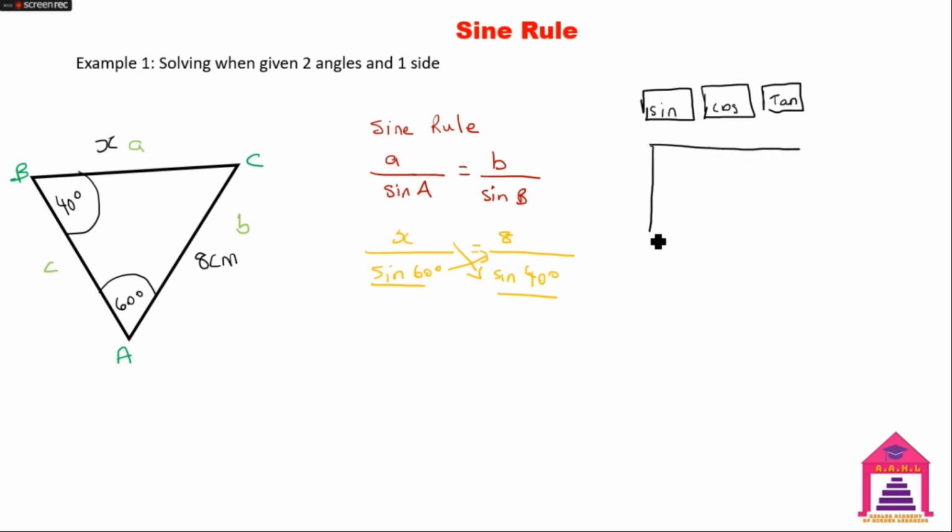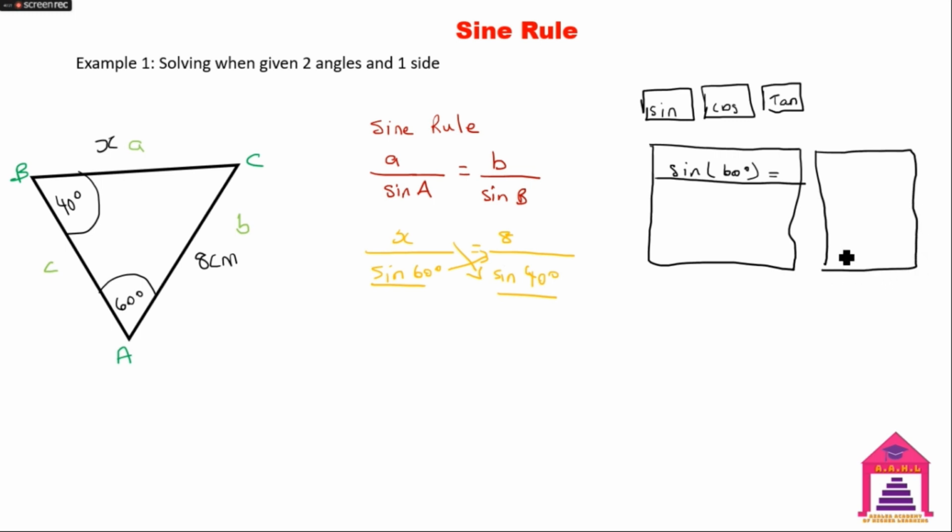I'm just drawing the calculator so that you can see how you're supposed to write it. When I press sine, an open bracket is supposed to come up, then sine 60 and sine 40.